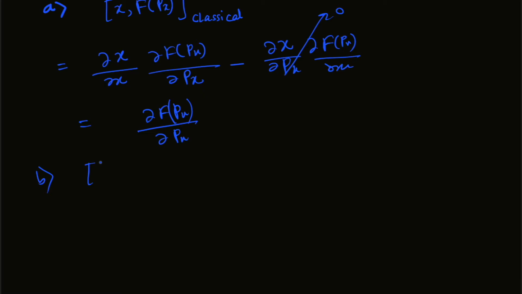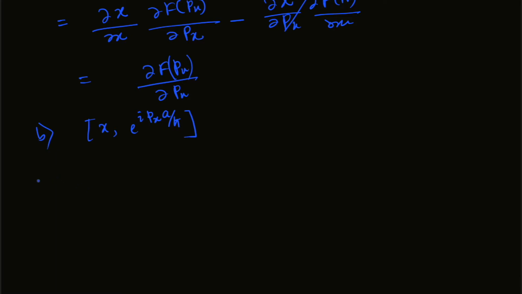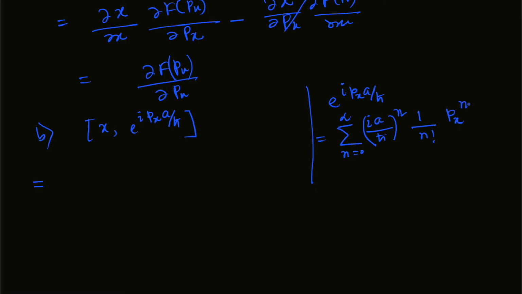So we have to evaluate x comma e to the power I px a by h cut, and we know that e to the power I px a by h cut is equal to summation of n equal to 0 to infinity I a by h cut to the power n, 1 by n factorial, px to the power n.